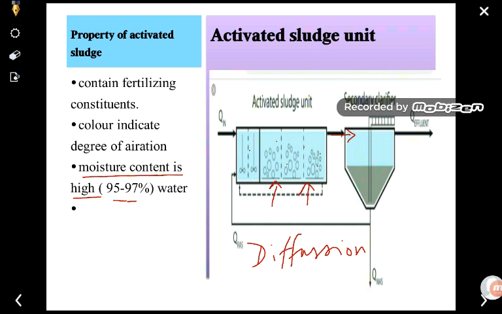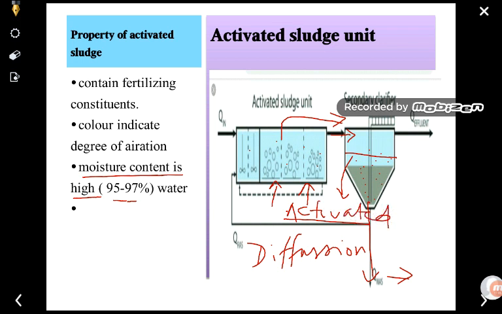So here, after this, the sludge settles at the bottom, and the excess amount of the sludge is removed, and then it is used as a sludge dryer or for other purposes, and the rest of the secondary clarified water is again used as an activated sludge.